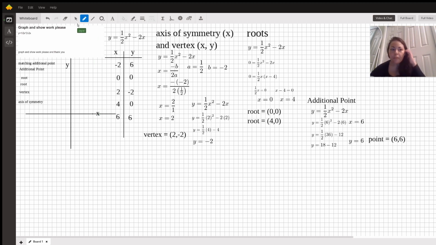So this is my x-axis. So I'm going to graph this point right here, 2 comma negative 2. X is 2, y is negative 2. That puts me right there. So that's my vertex.